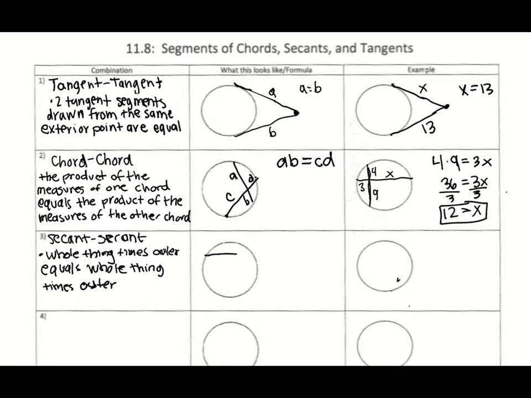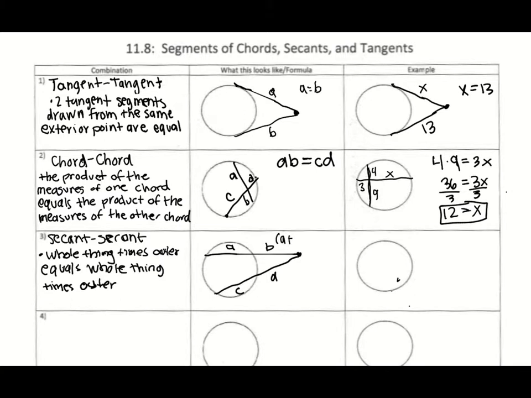So if we look at an example, a secant looks like this. It crosses the circle at 2 places and comes to a point outside the circle. So if we have this section is A, this is B, and C and D. So when we say the whole thing, we mean this whole secant.